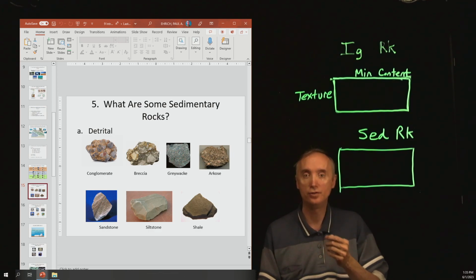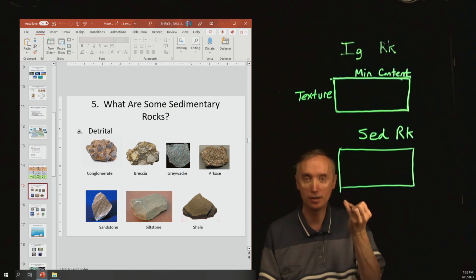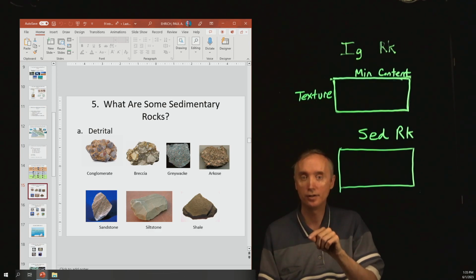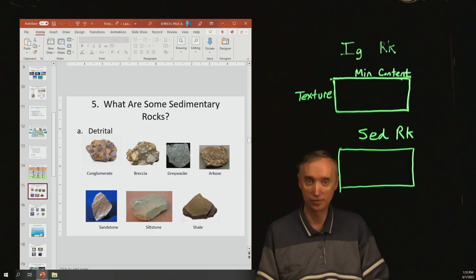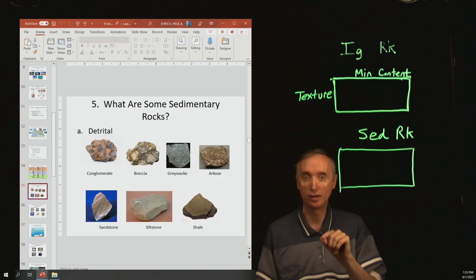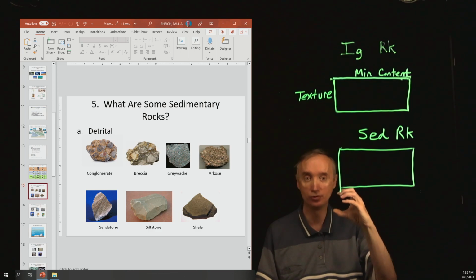On the other hand, you do have things like conglomerates, which are composed of things like pebbles that have been glued together. Now you do need to know the difference between a conglomerate and a breccia. A breccia is going to be composed of angular pieces of rock, so pieces of rock that have sharp edges that are glued together, but conglomerates are going to be made of pieces of rock that are rounded.